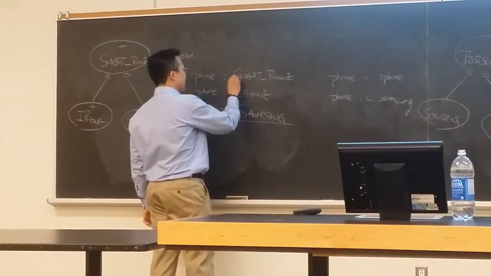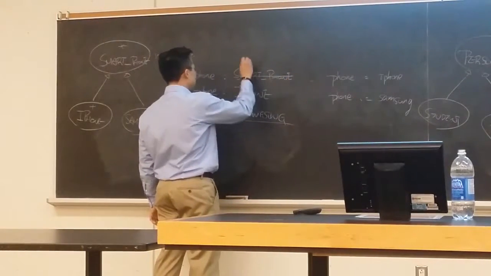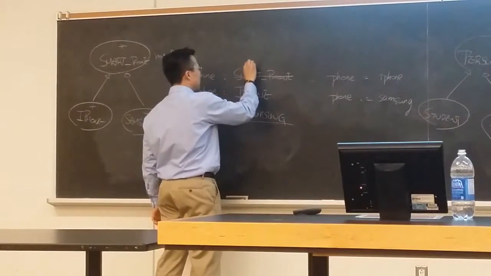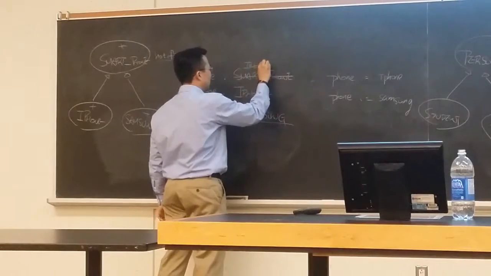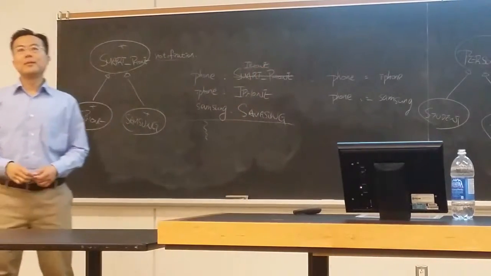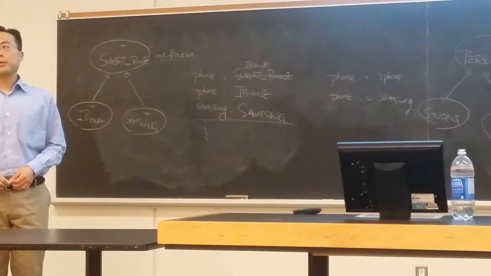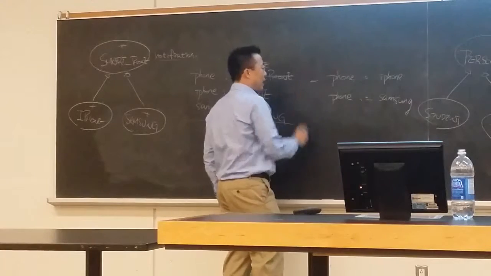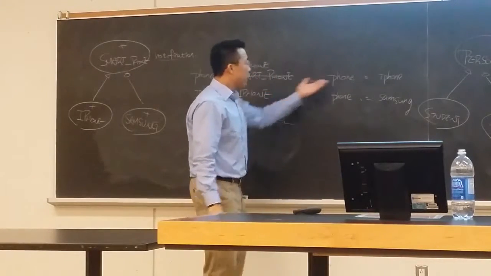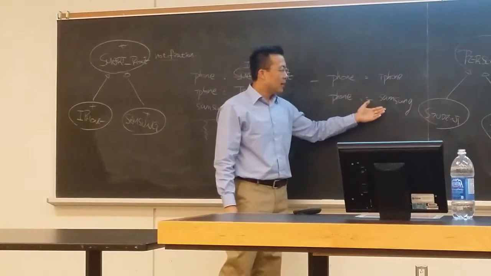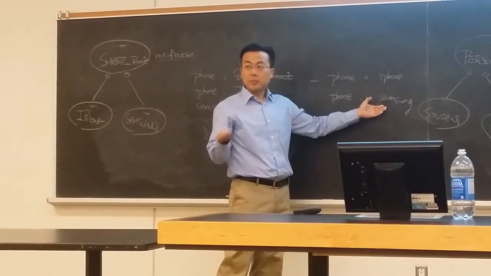Okay, let me change the code a little bit. What happens if I change this to, let's say, iPhone? Now tell me which line will compile. The second one, agree? Now this one, I expect an iPhone, and you do give me an iPhone, that's great. But now I expect an iPhone, you give me Samsung, although it is also a smartphone.